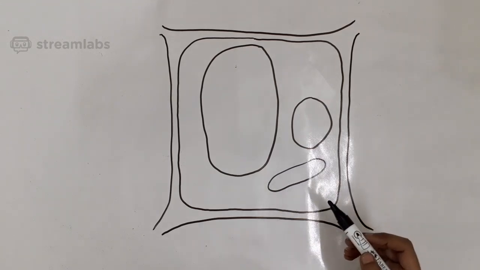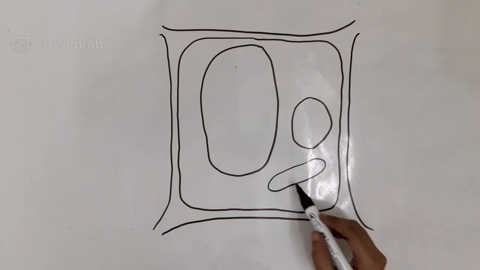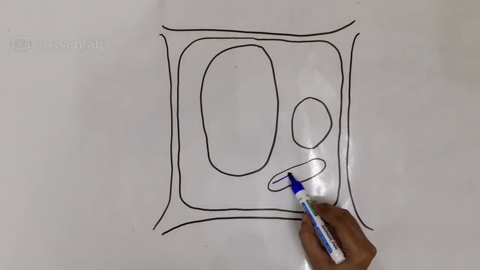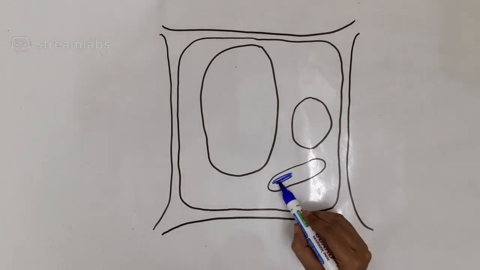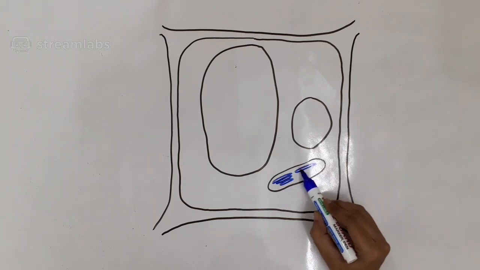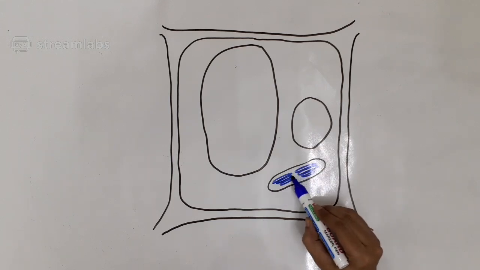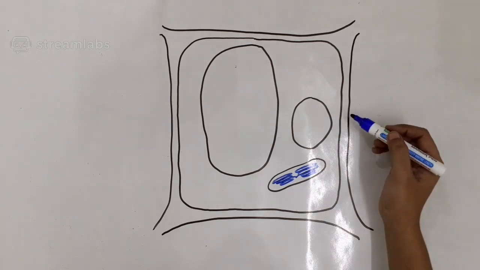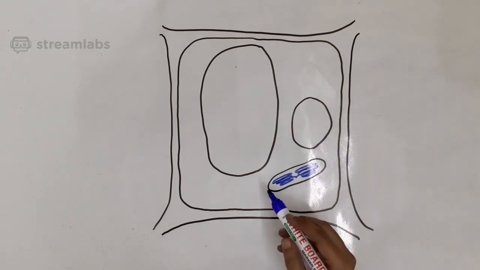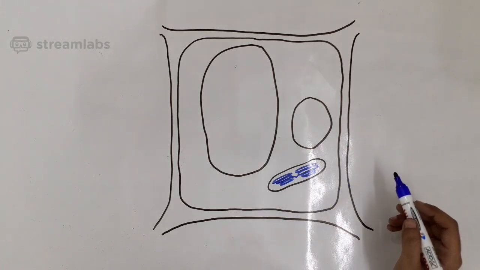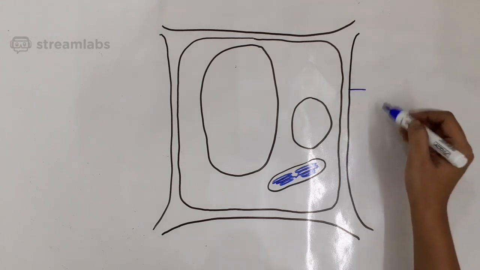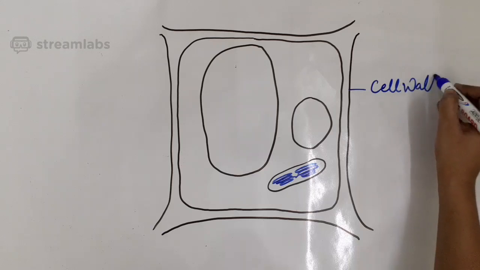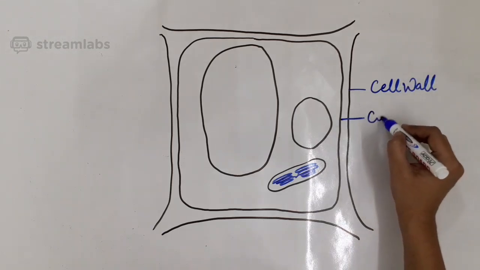These are the structures which are present only in a plant cell. The outer membrane of the cell is known as the cell wall. Inner is the cell membrane itself.